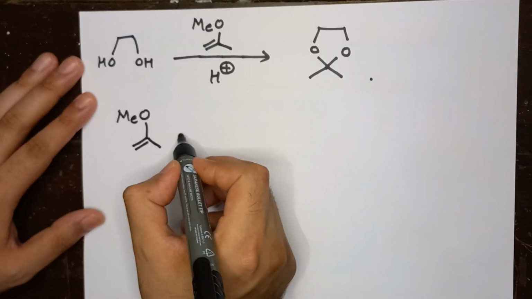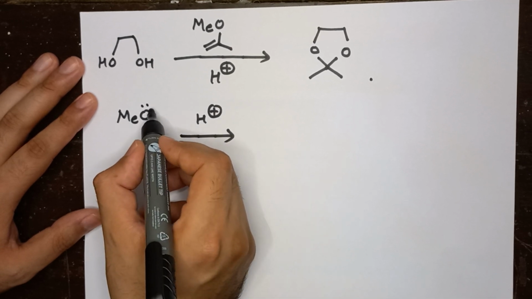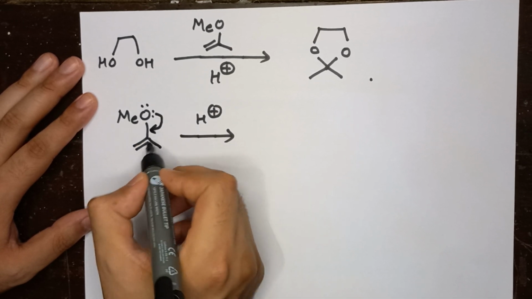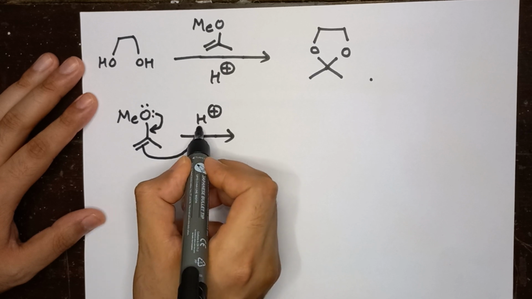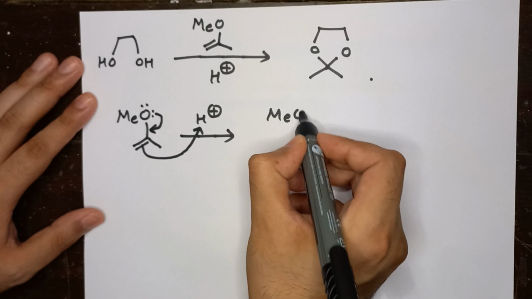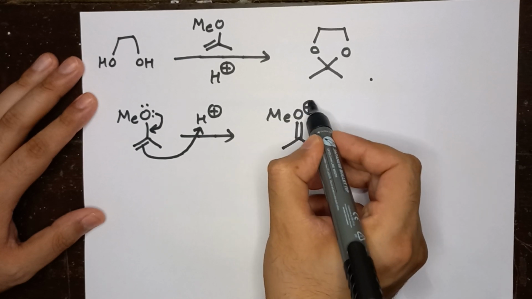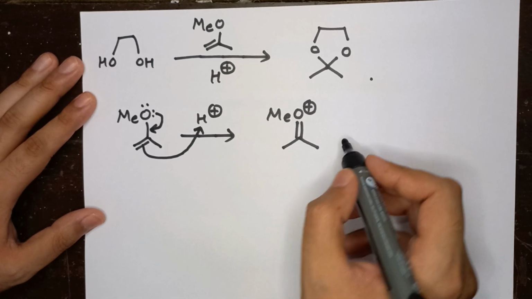So this is my enolic ether in presence of H plus ions. This oxygen lone pairs will form a double bond here. This double bond will grab this proton, and now I have generated the reactive intermediate.